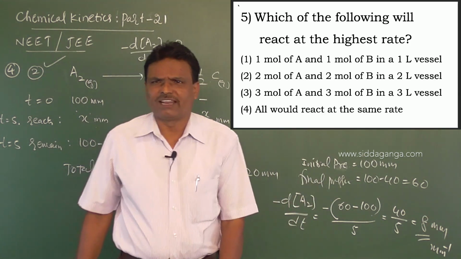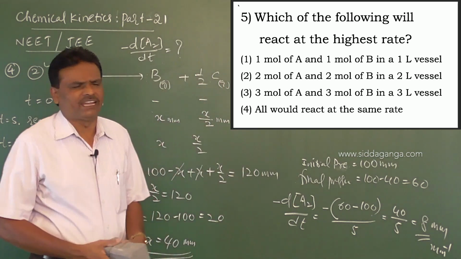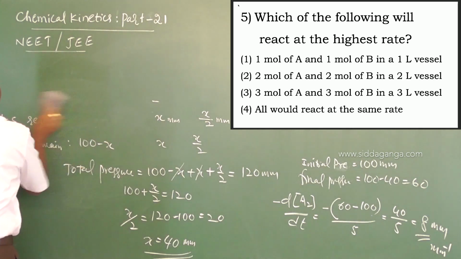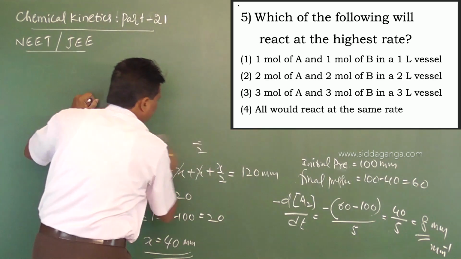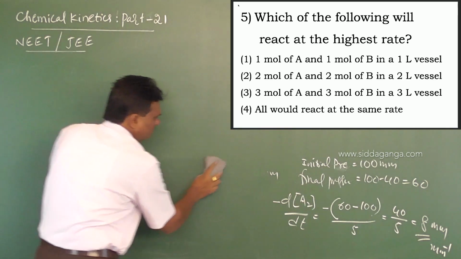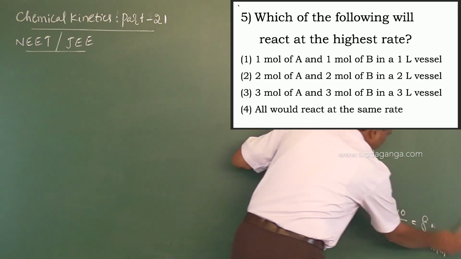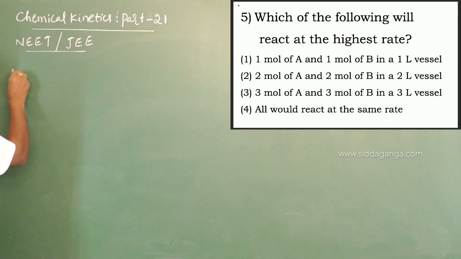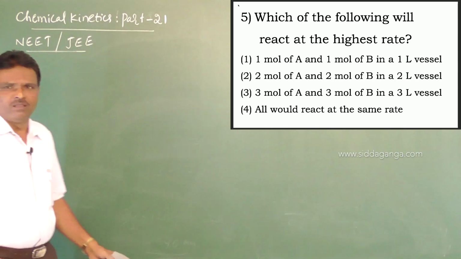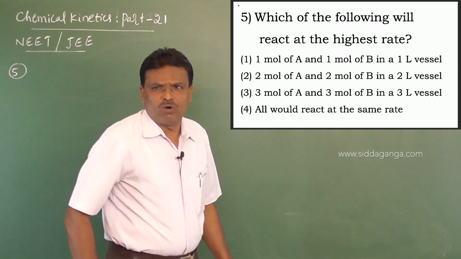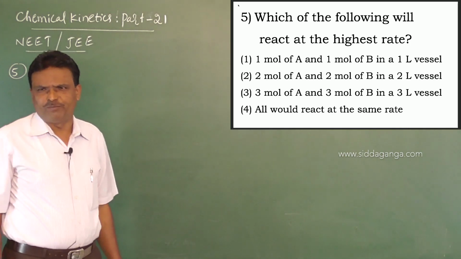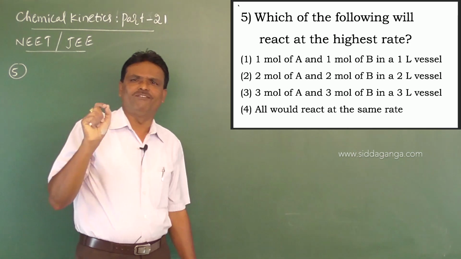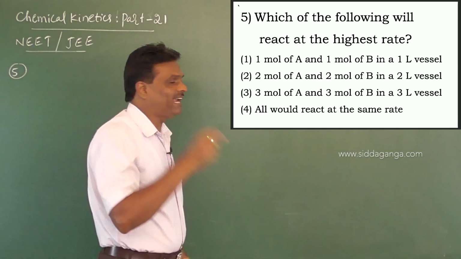Which of the following will react at the highest rate? Question number 5. 1 mole of A and 1 mole of B in a 1 liter vessel. Which of the following will react at the highest rate?